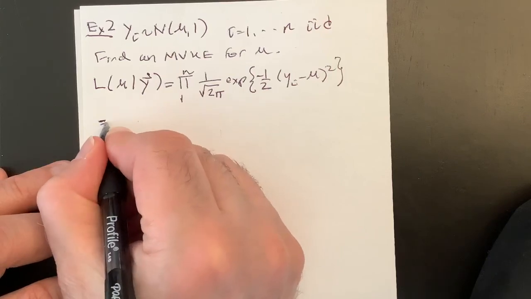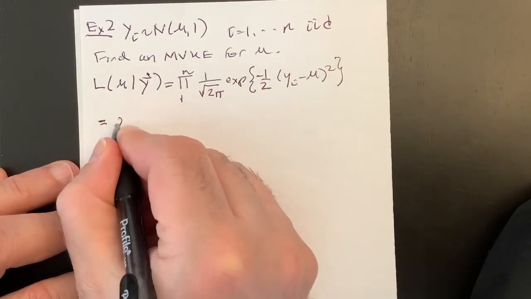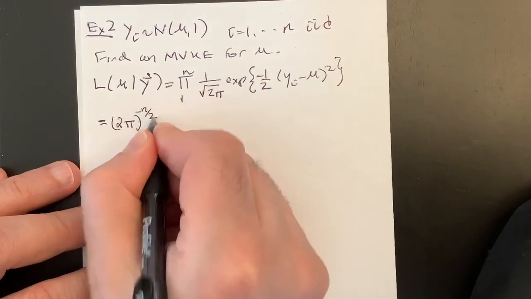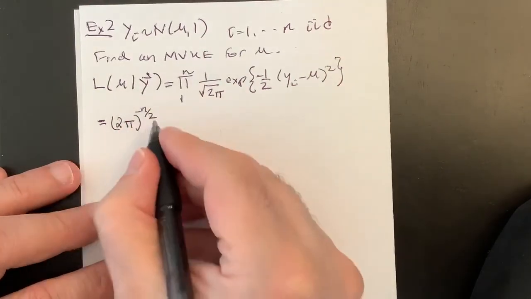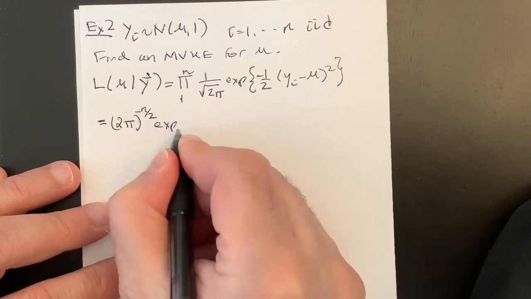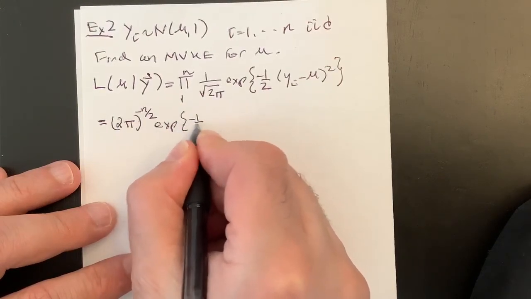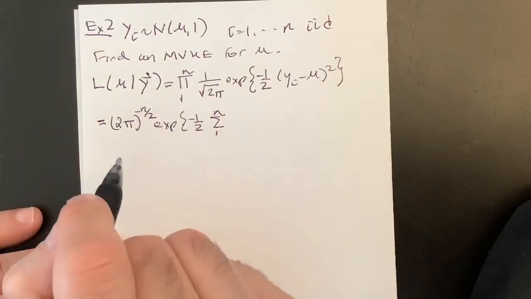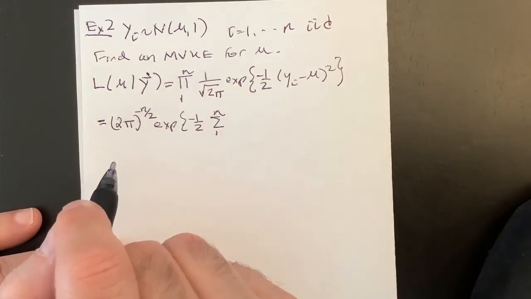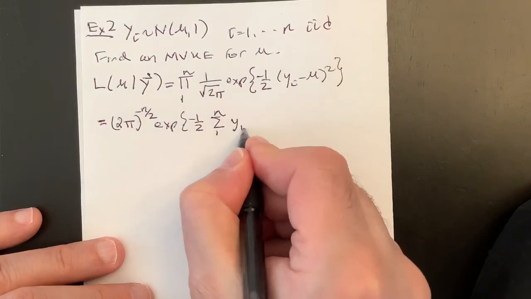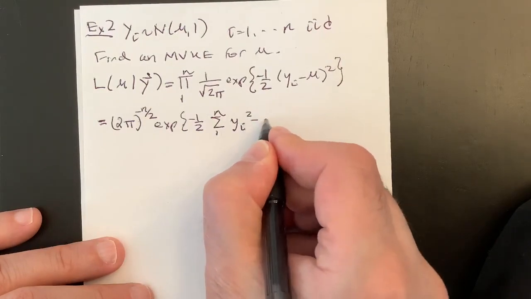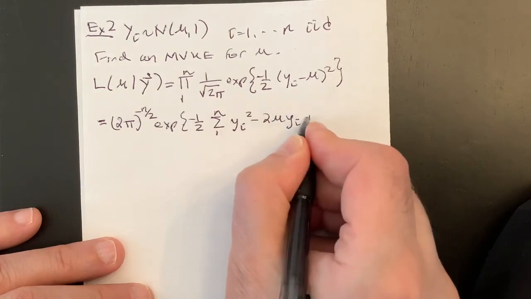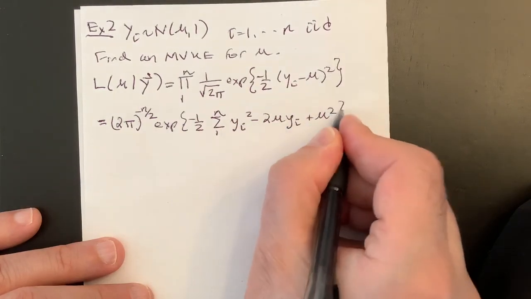I get 2 pi to the minus n over 2. Just clean that up a little. And now I have exp of minus 1/2 the sum from 1 to n of (yi minus mu) squared, which is yi squared minus 2 mu yi plus mu squared.